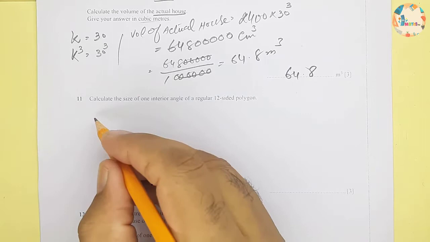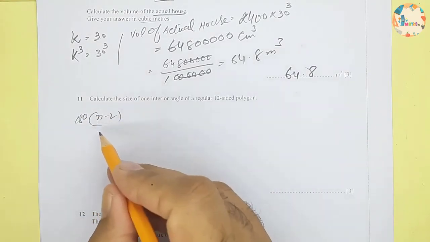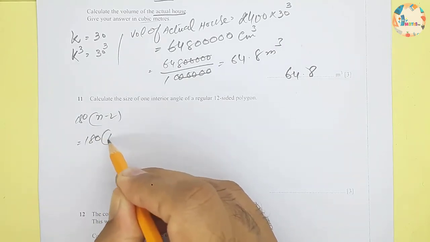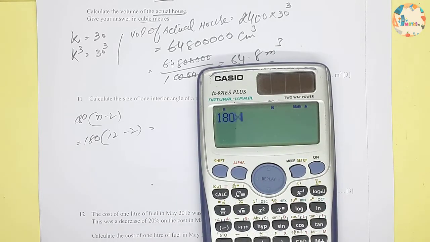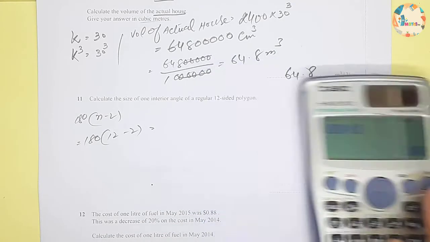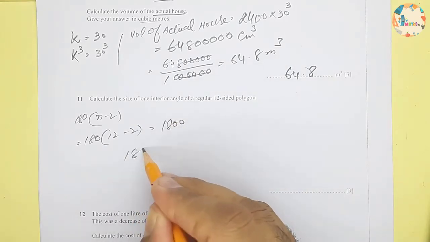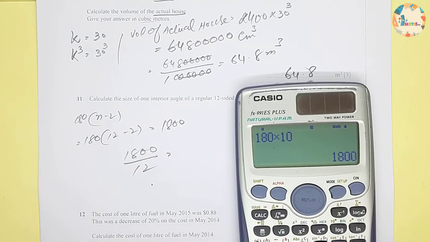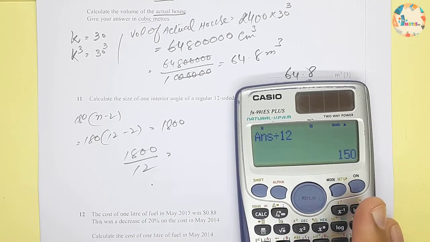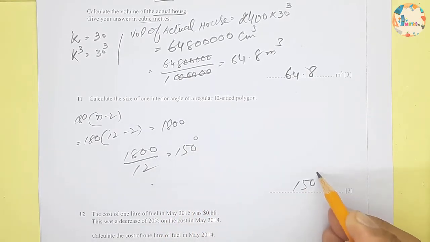So we will apply the formula, which is n minus 2 into 180, and n is 12, so this will be 180 multiplied by 12 minus 2, which will be 10, so it will be 1800. 1800 will be the sum of interior angles, and we will be dividing this by 12, which will be equal to 150, so our answer will be 150.